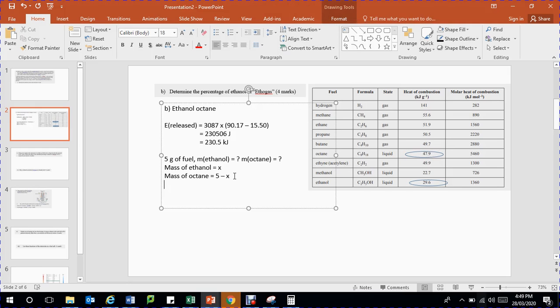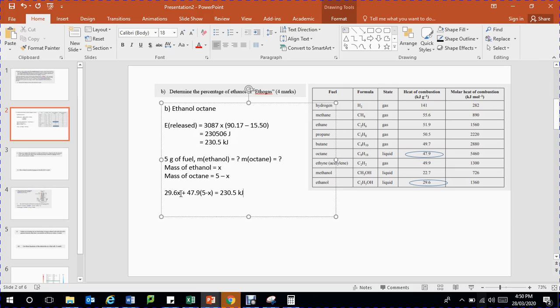So I can use that information from my data booklet to work out what the mass of ethanol is out of that 5 grams. So I know that it's going to be, from my data book, 29.6 X, plus my octane's 47.9 times (5 minus X), and that is equal to 230.5 kilojoules, because that's the energy released.